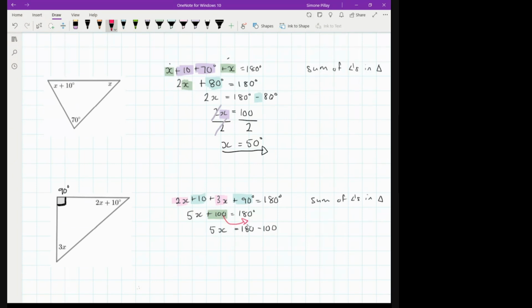Okay, while you're calculating, we transposed our 100. So our positive 100 came to the other side and became a negative 100. That's simplified into 5x is equal to 80. x is equal to 16. Sorry for the delay, ma'am. No stress. It gave me time to explain anyways.